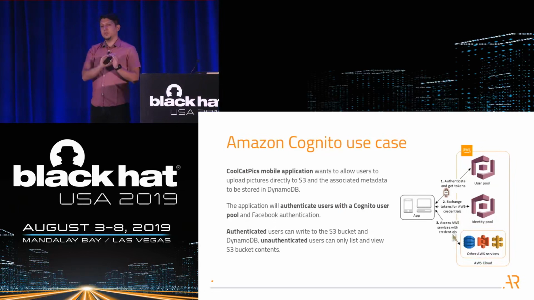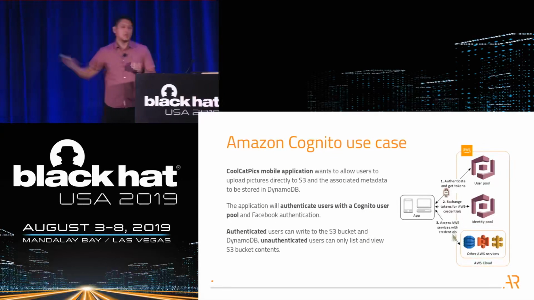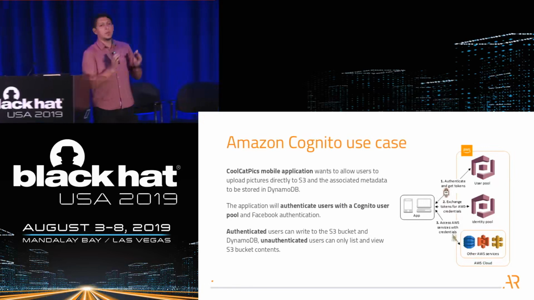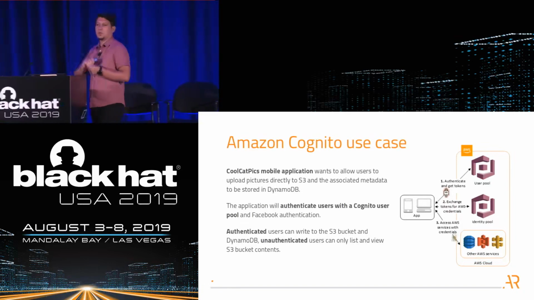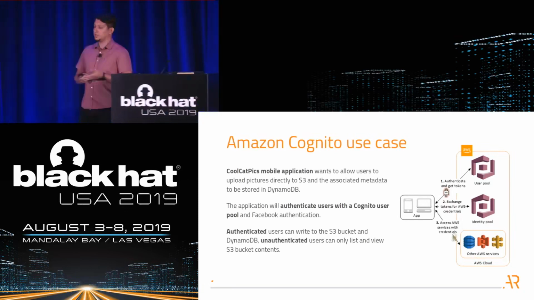And also, the metadata, like the name of your cat, goes to DynamoDB tables. So there's no server in between. The mobile application is directly consuming AWS services, writing to S3, writing to DynamoDB tables, and all of this is possible because of Cognito.